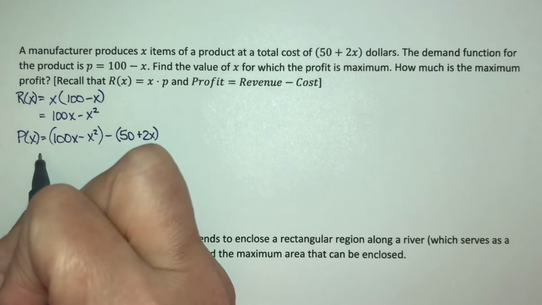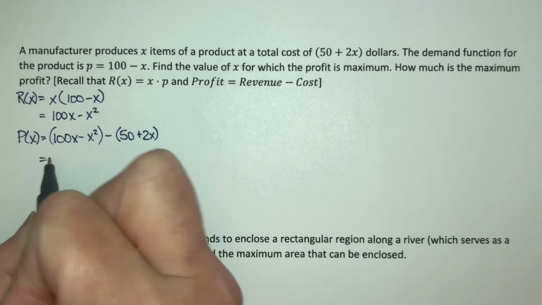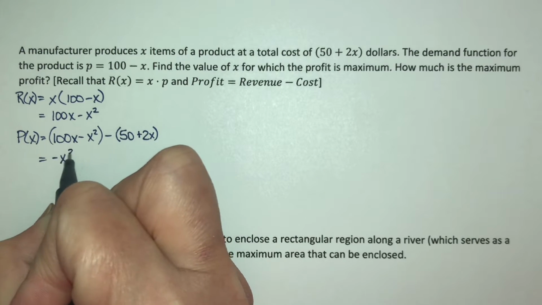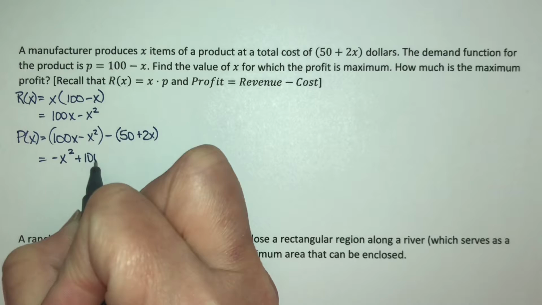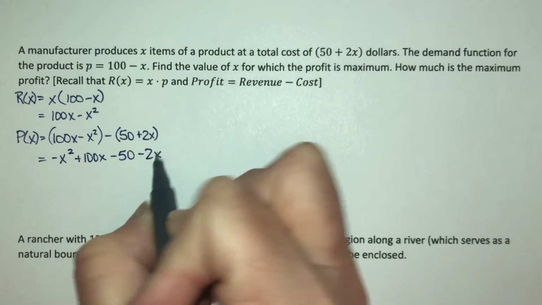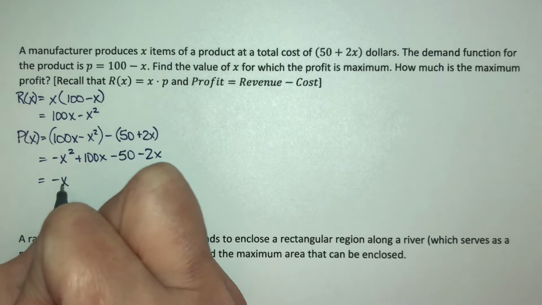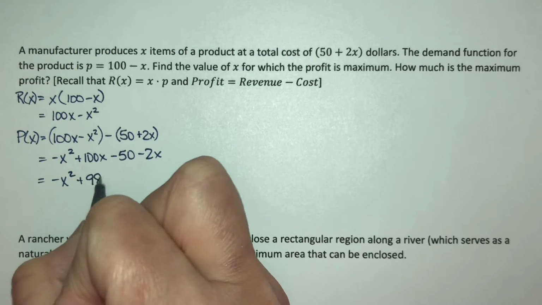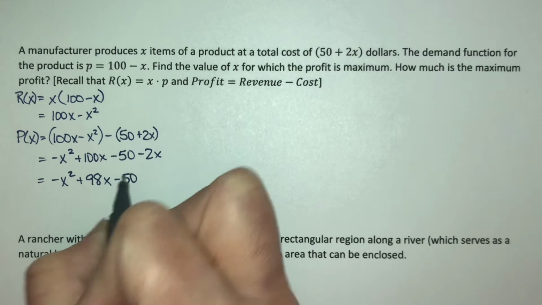So let's simplify, distribute and rearrange. The square term is what we want to have first, so I'll go ahead and do that. Minus 50 minus 2x. So I have negative x squared plus 98x minus 50.